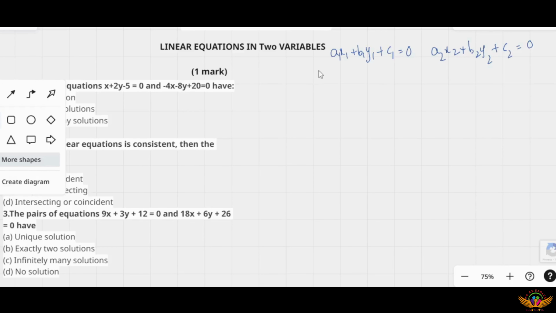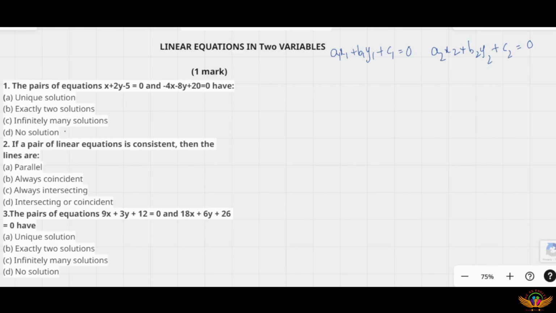For these two equations we have certain rules. If a1 by a2 is not equal to b1 by b2, then it is a consistent and independent linear equation. You have to know this.